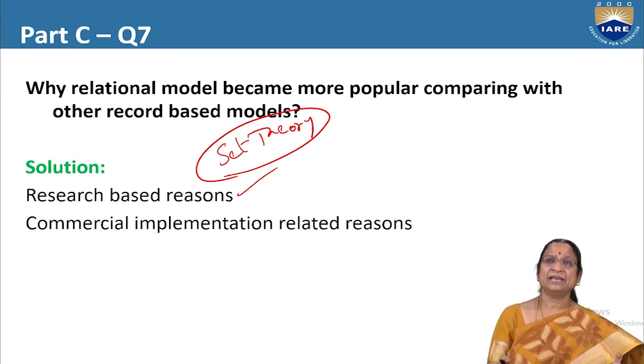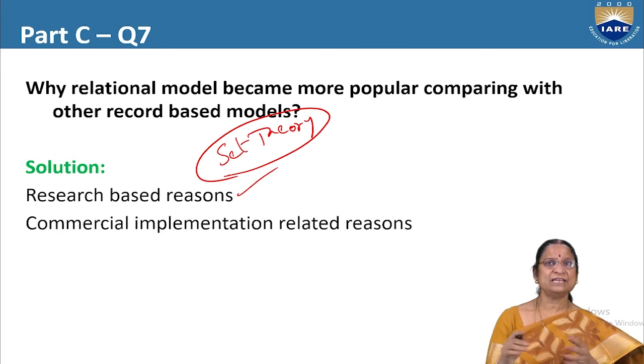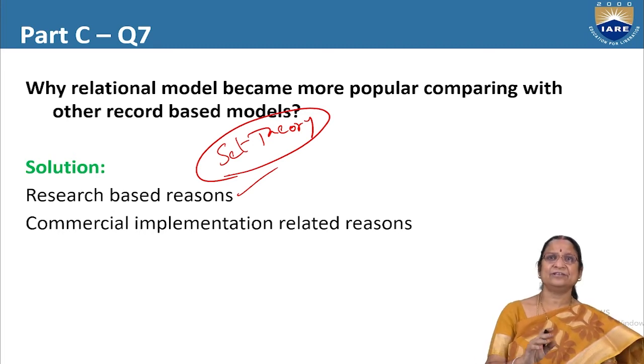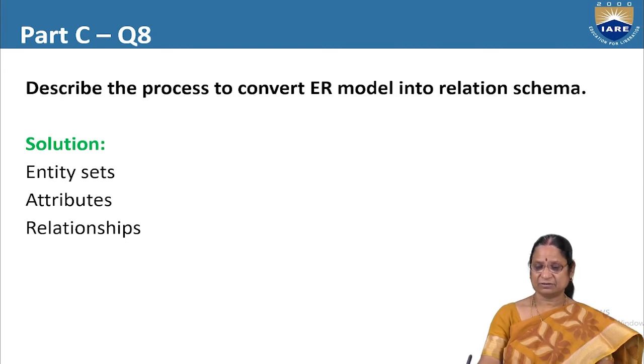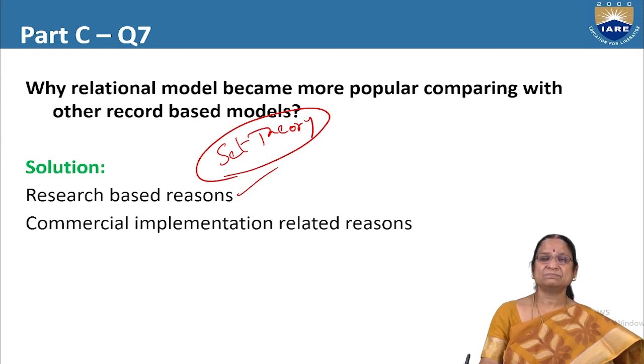Remember that any concept which is mathematically proven or based upon mathematics, automatically its failure rate is very, very low. You observe any engineering related concepts, mechanical engineering or automobile engineering, any engineering concepts. When we are using these engineering concepts, the respective things are considered based upon the process.